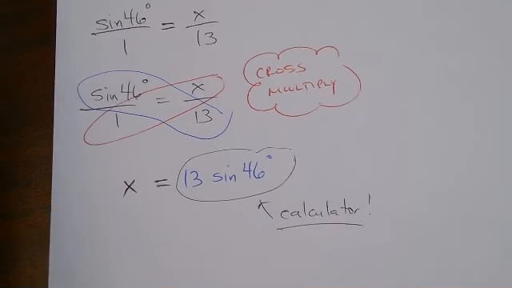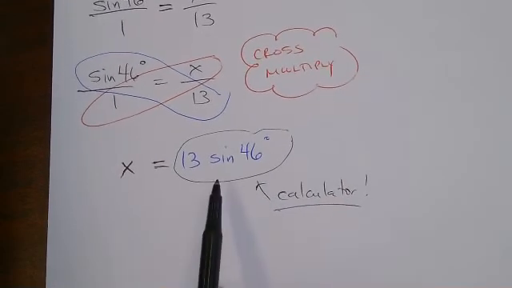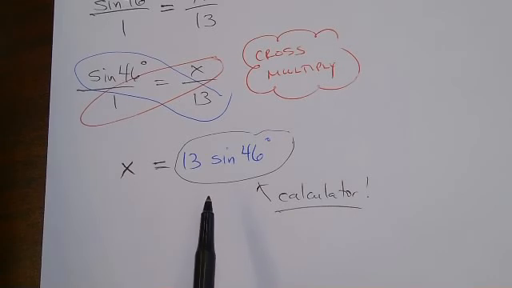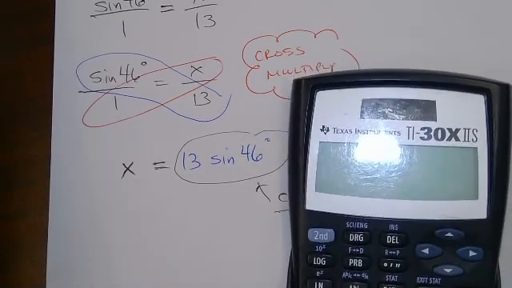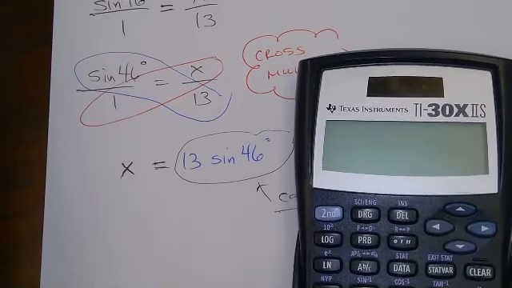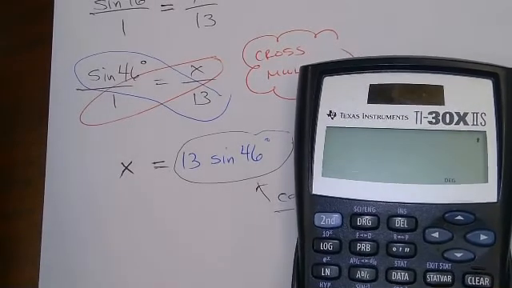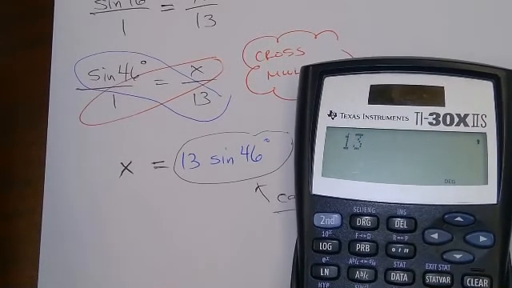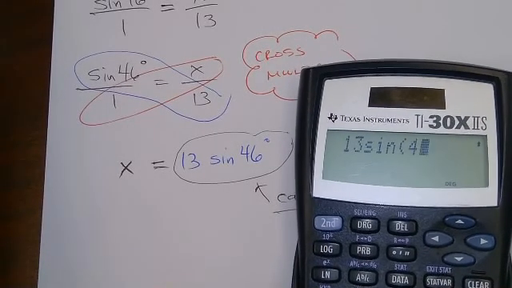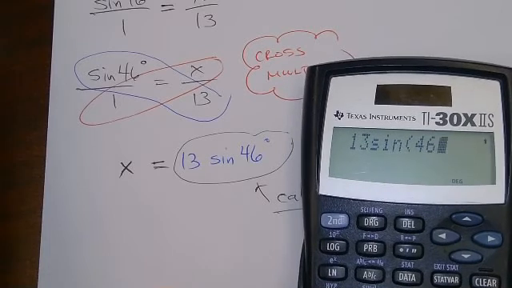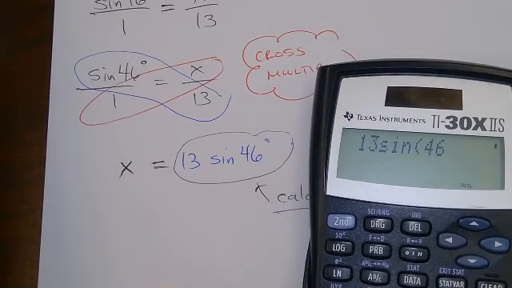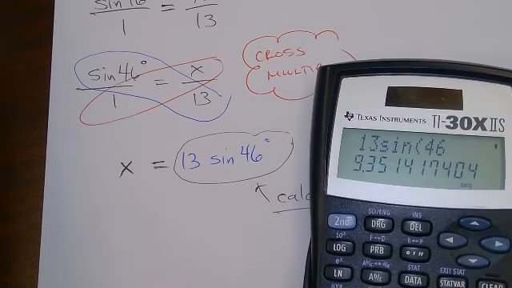Right? What did we do today on the Padlet? We learned how to get some of these values, right? Go ahead and do this. Go to your calculator, the online calculator, the Google calculator. I'll do it here. Anybody get the answer? 13 sine 46. Anybody get the numbers?